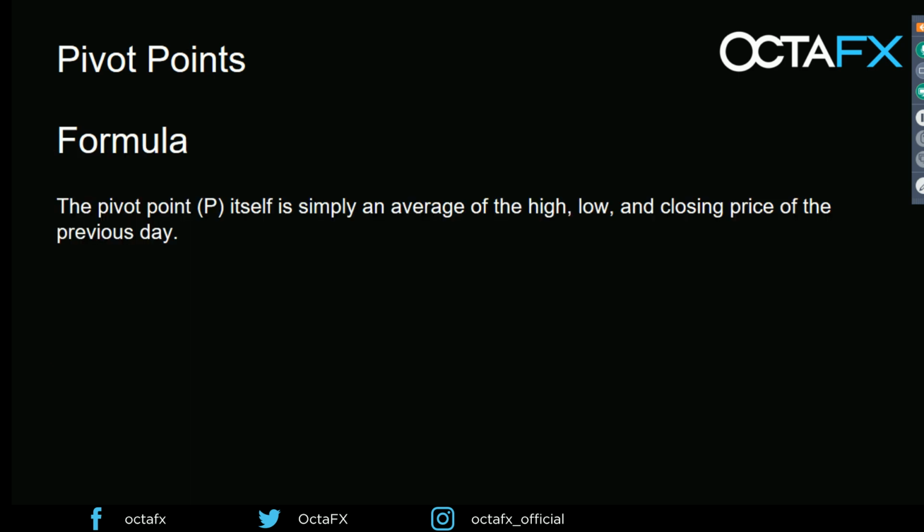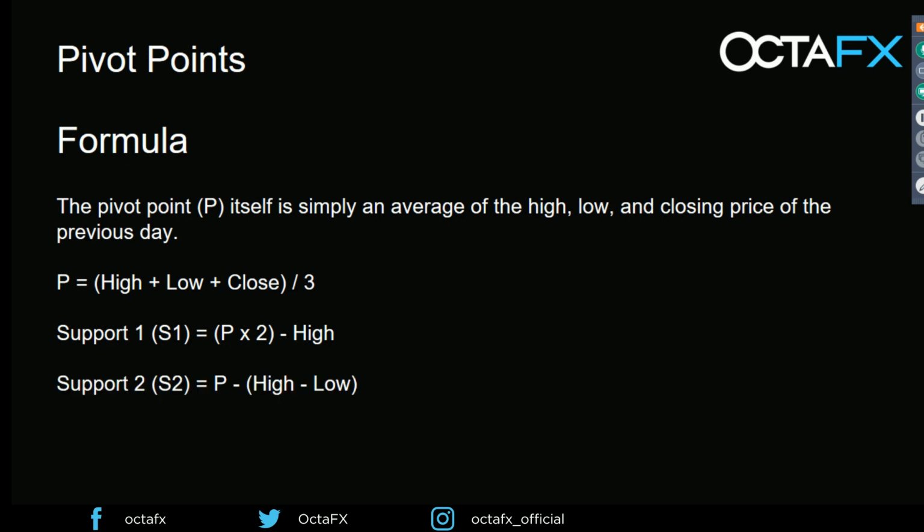Let's go through the formula quickly. So the pivot point itself is just an average of the high, low, and closing price of the previous day. So the pivot equals high plus low plus close, divided by 3. The first support, or it'll be referred to as S1 commonly on the chart, so just keep that in mind. When you see S1, it means the first support. So S1 is the pivot times 2 minus the high.